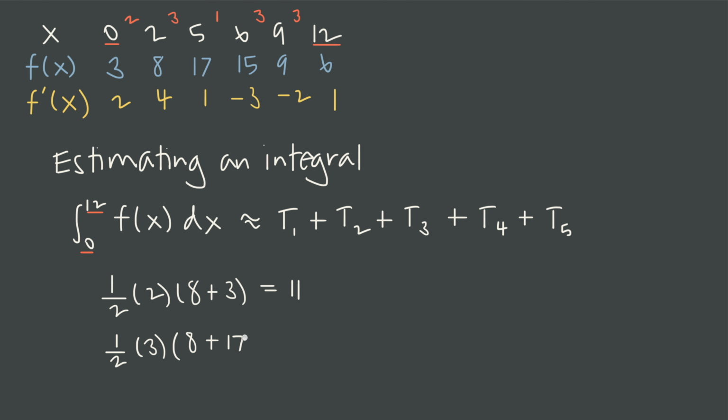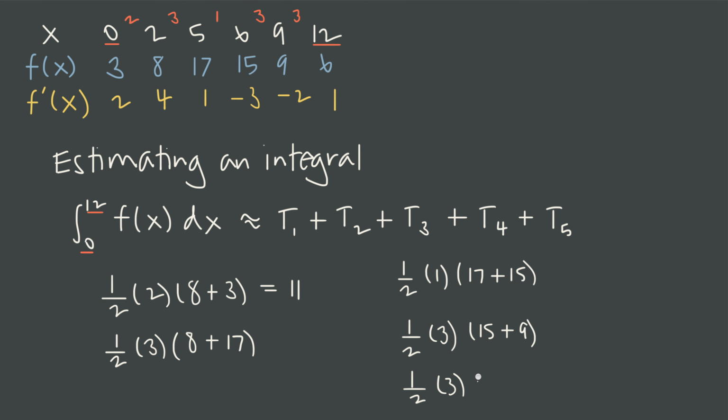And then for the other three, we'll set them up so 1/2, 1/2, and 1/2 times the widths 1, 3, and 3 times the sum of the heights. So we have 17 plus 15, and then 15 plus 9, and then 9 plus 6.